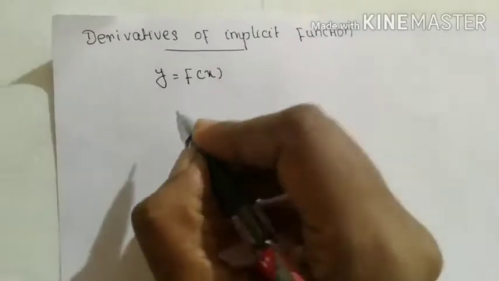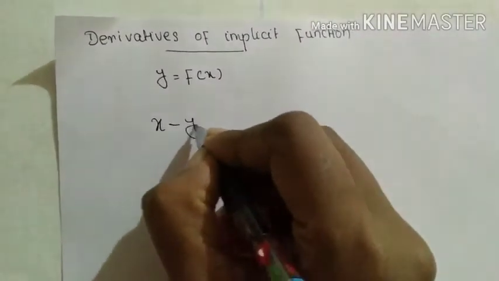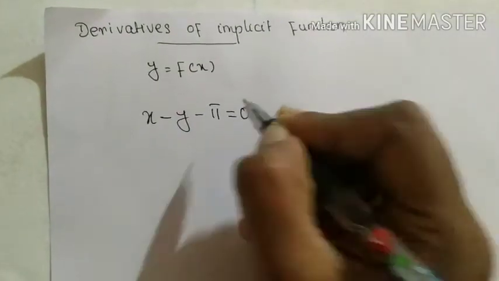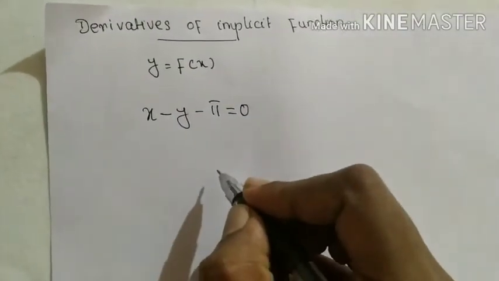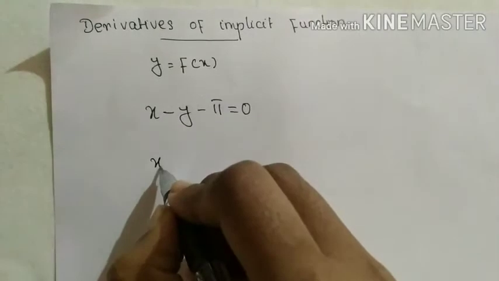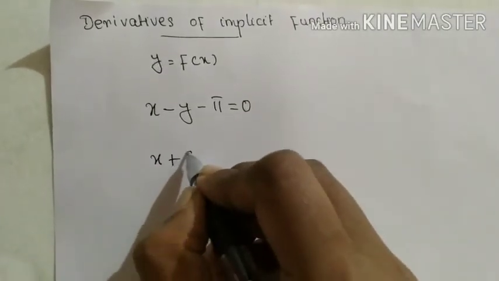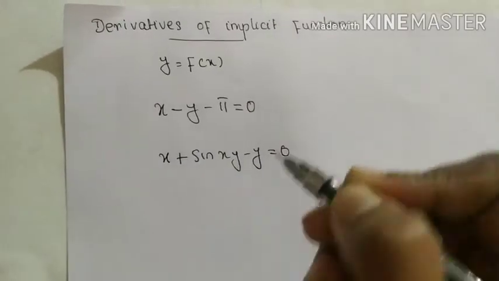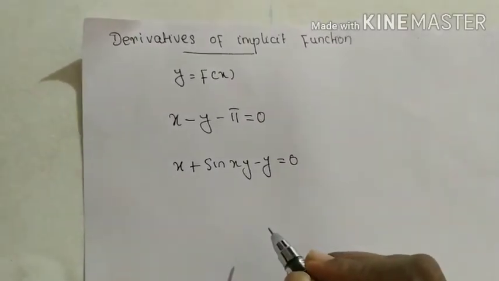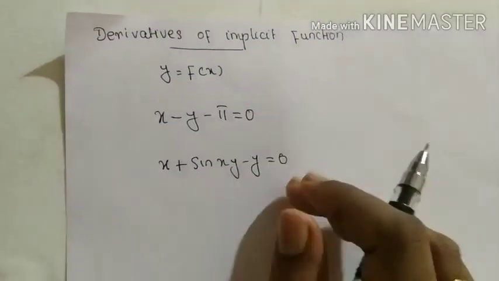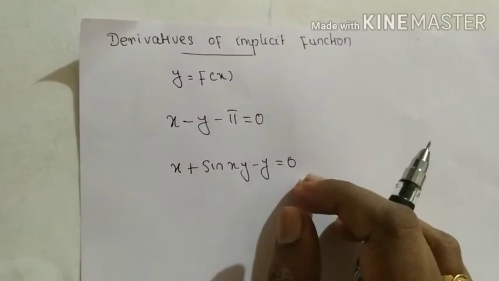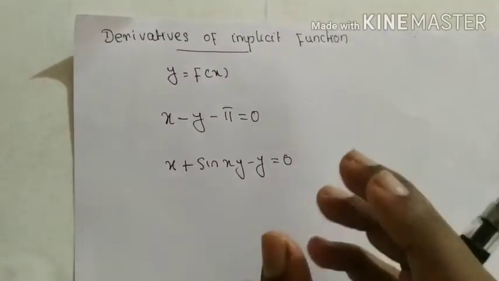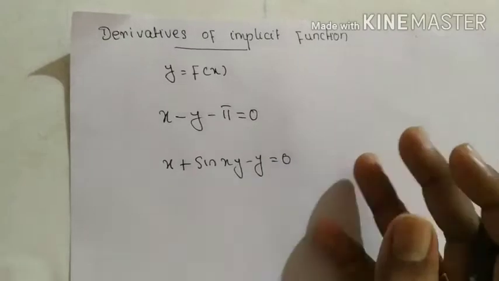For example, x minus y minus pi equal to 0 and x plus sine xy minus y equal to 0. So consider these two equations, which are representing the relationship between x and y.